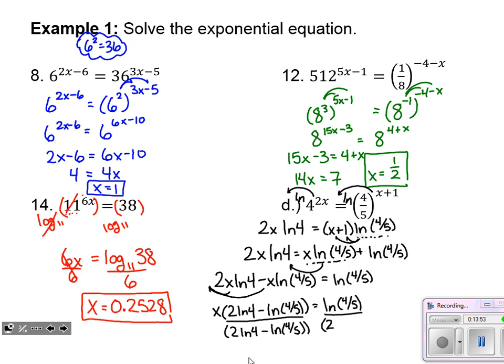So I'm going to take the time to carefully group everything together, make sure that it's in the calculator the right way. All of that cancels out, leaving x on the left. And once I punch in natural log of 4/5 divided by that group, 2 natural log 4 minus natural log of 4/5, calculator comes out with a solution, negative 0.075.